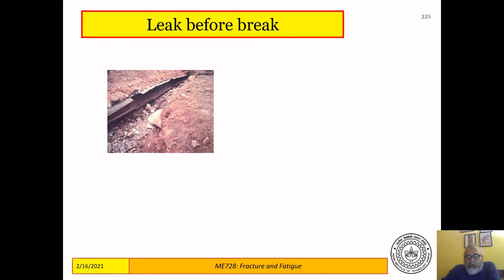So from that point of view, leak before break is a very important design principle for pressure vessels, pressurized pipelines, and so on. So here is an example of a pipeline failure where a crack has grown along the length of the pipe and split it open into two.